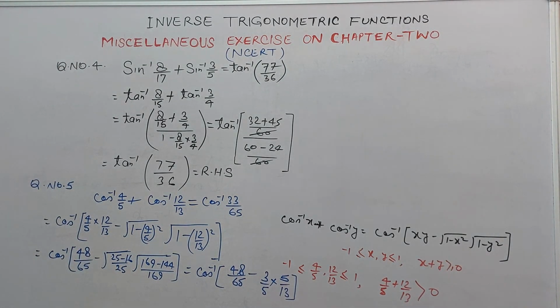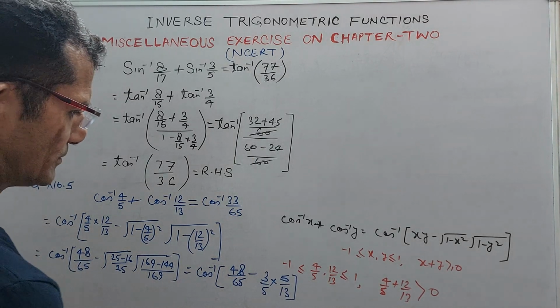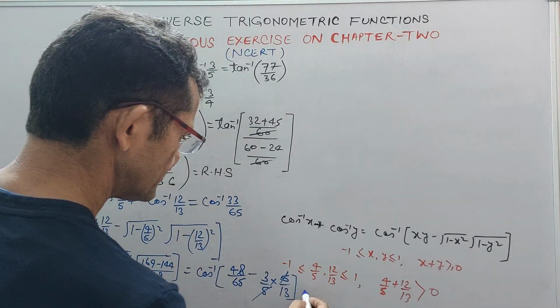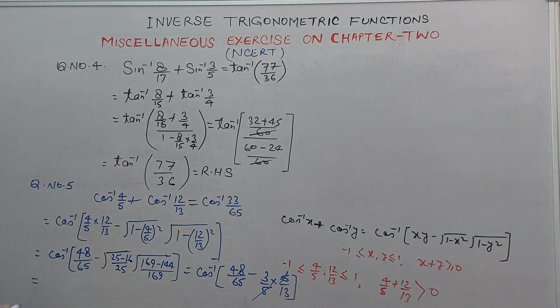Correct. Now cancel and solve it. So finally, the answer we get, taking the LCM, 65 is the LCM, so 48 minus 15 will be this one.